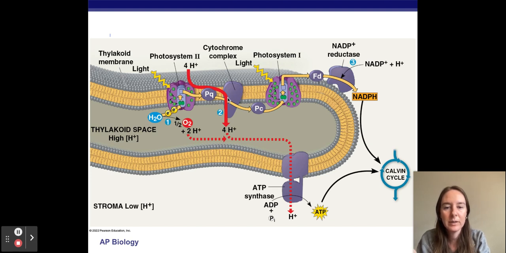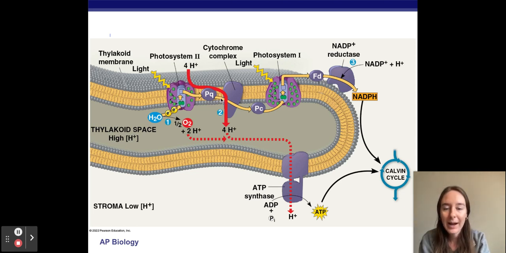And so the energy from these electrons is going to pump the hydrogen into the thylakoid space to even further increase the concentration of hydrogen ions so that we can use our ATP synthase later. So the purpose of the electron transport chain is to pass the electrons eventually to NADPH, but also to use some of the energy from the electrons to power the pumping in of the hydrogen.